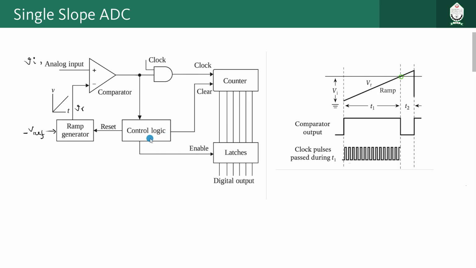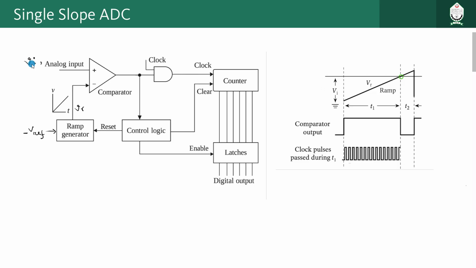Because of that, first of all, it will enable this pin here, giving a high signal to the latches, so that whatever value is available in the counter will be stored in the latches and come out of the digital output. This is the corresponding digital output that we should get for the Vi we have provided.